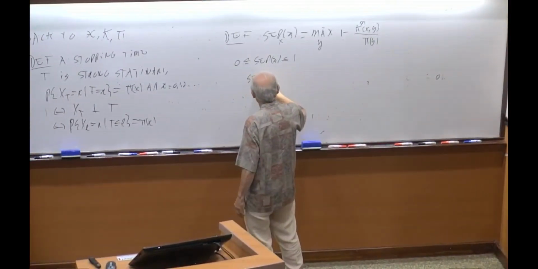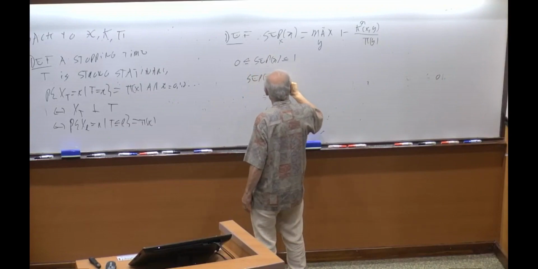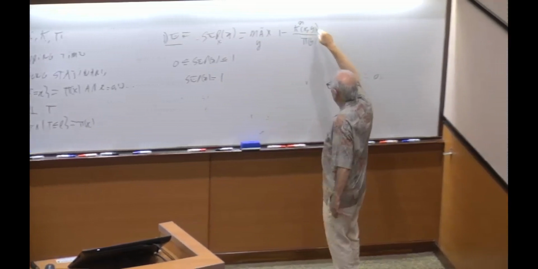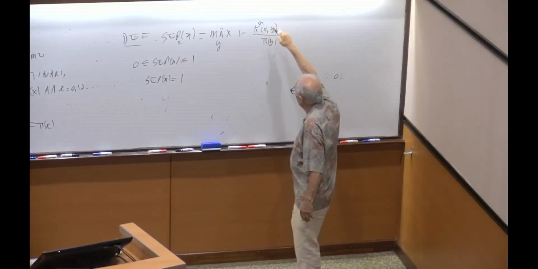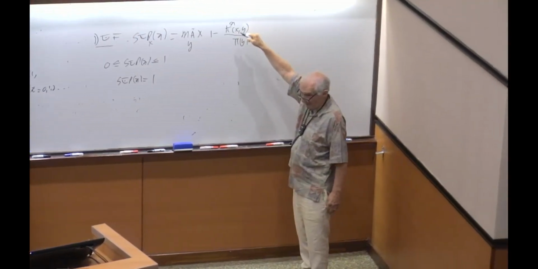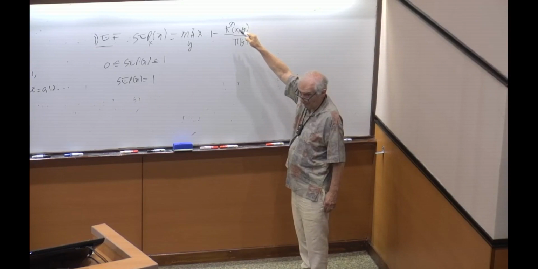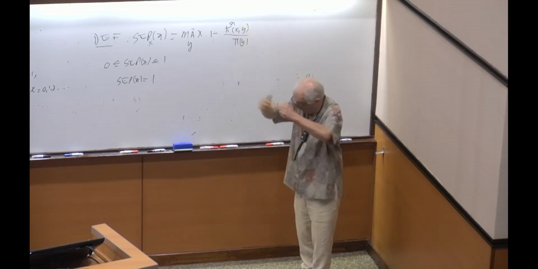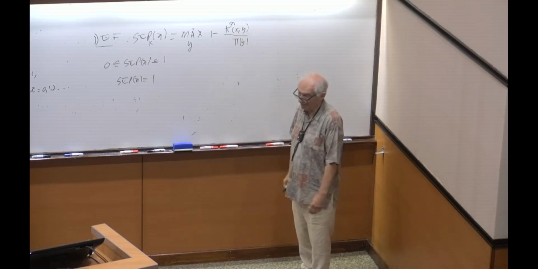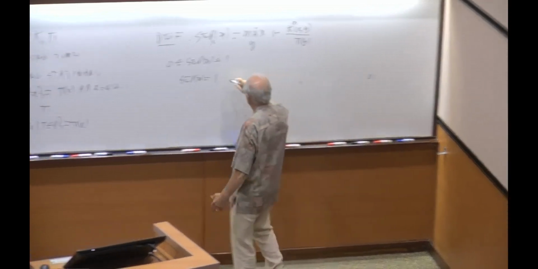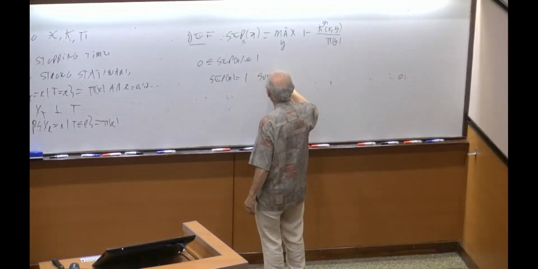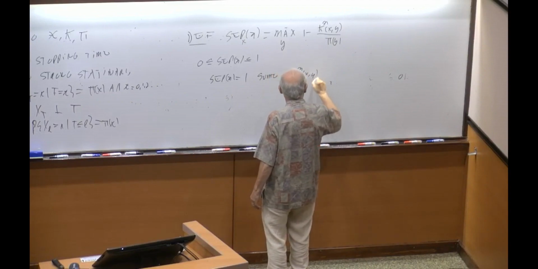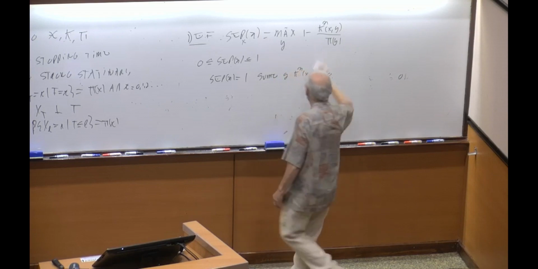And sep_n is equal to 1 if there's some y which can't be reached after n steps. That is, there's some y such that K^n(x, y) is equal to 0.